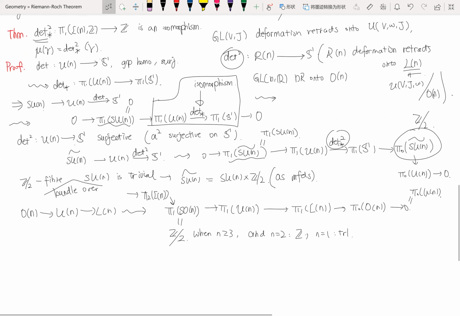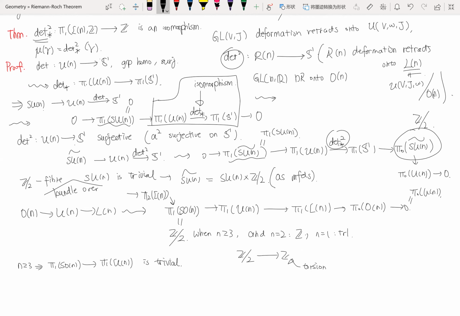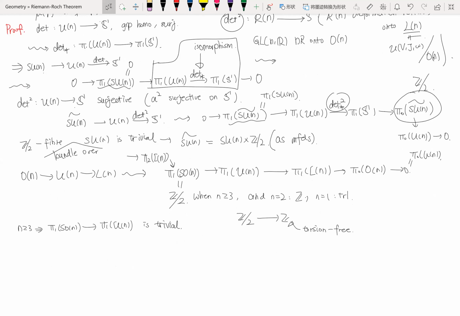So when n is greater than 3, we know that pi 1 of SON to pi 1 of UN should be trivial, because we cannot map a Z quotient by 2 into a group of integers, because it is torsion free, so there will be no space for torsions. So we obtain, in fact, UN to pi 1 of Ln to pi 0 of On to 0 exact.